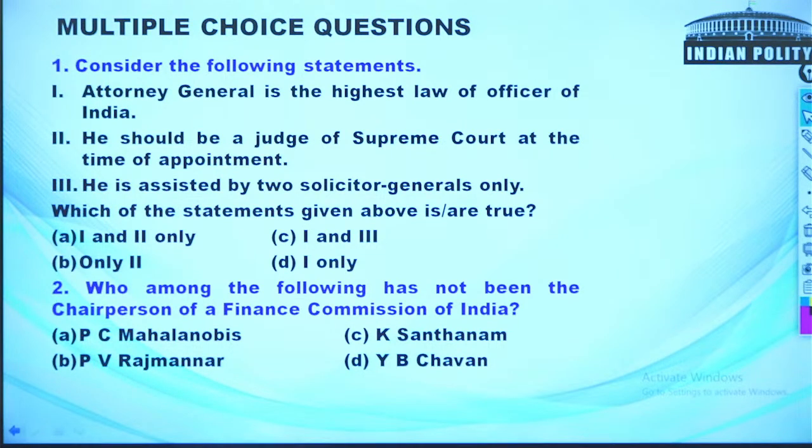That's all. And he is assisted by not only 2 Solicitor Generals, but 4 additional Solicitor Generals. So the statement is only partially correct. The correct statement will be 1 only, option D.